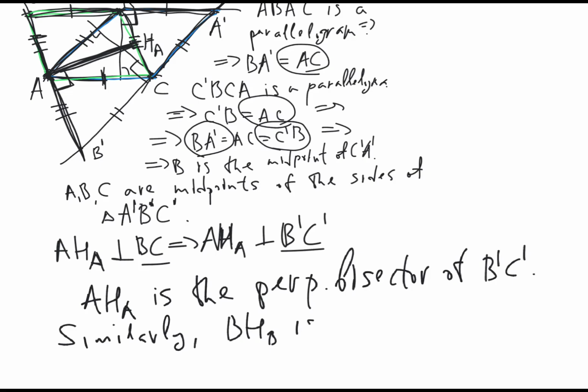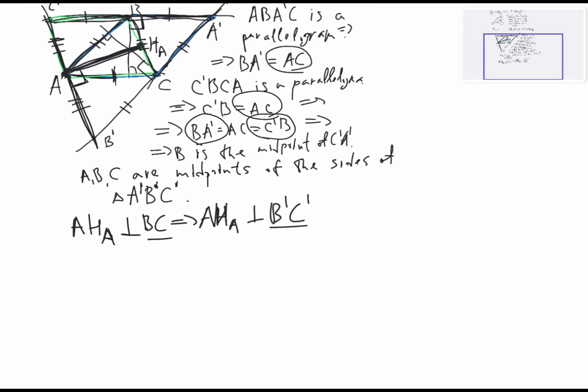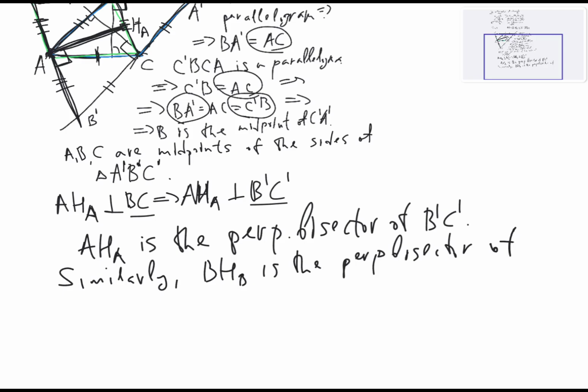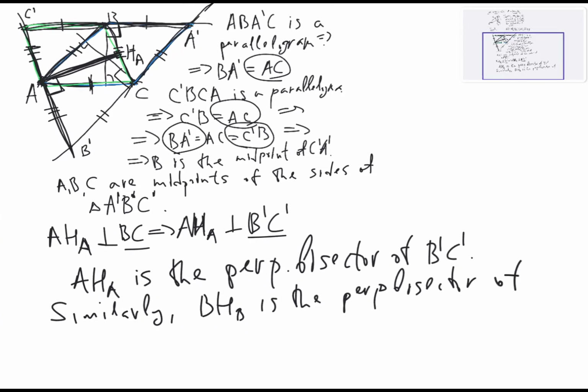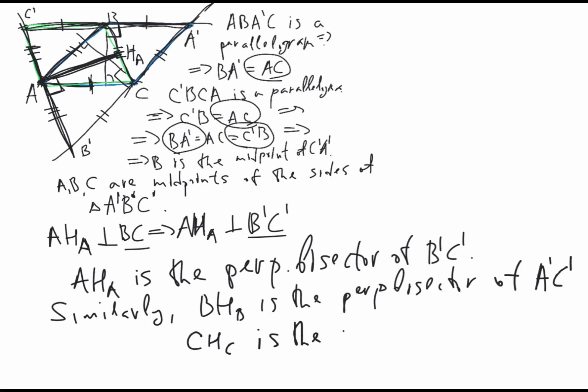BHB is the perpendicular bisector of A prime C prime, and CHC is the perpendicular bisector of A prime B prime.